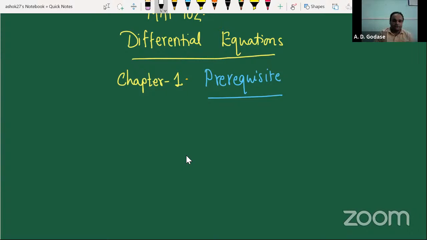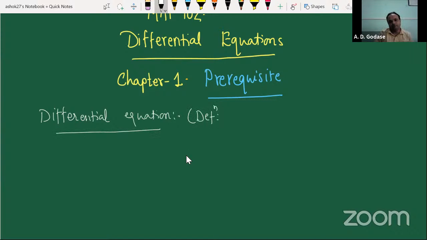So first, differential equation. What is a differential equation? Definition. You have already seen derivative. What is called derivative? What is differentiation? This word differential comes from derivative or differentiation.